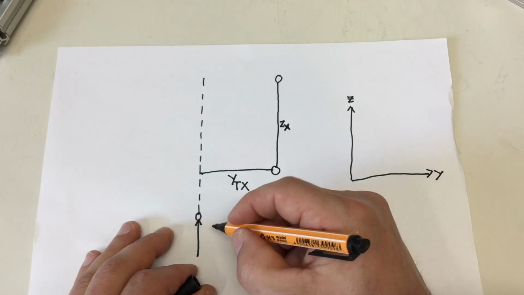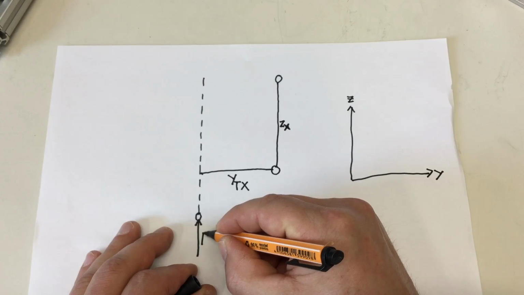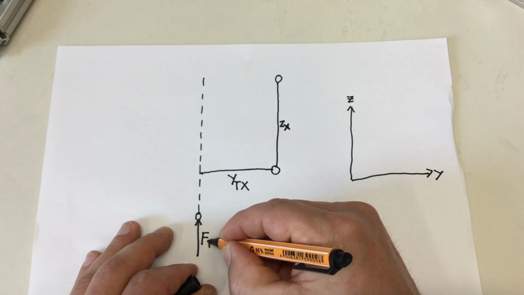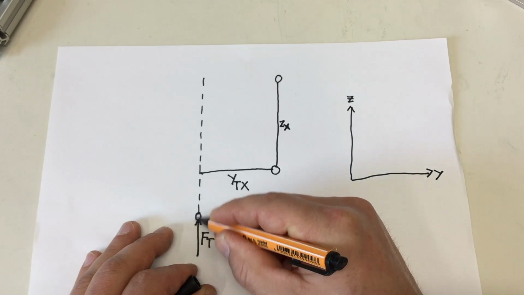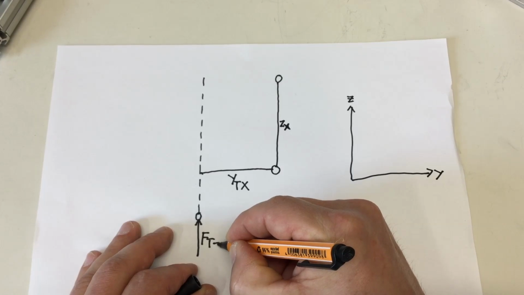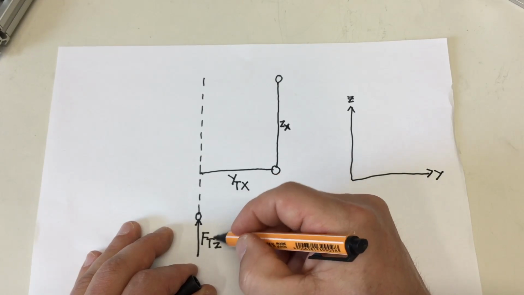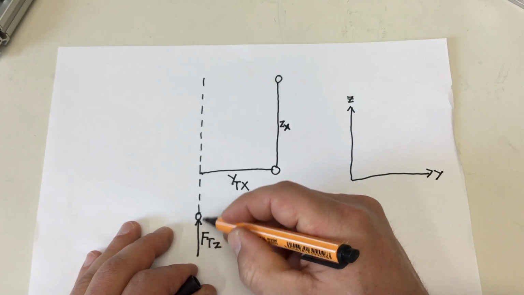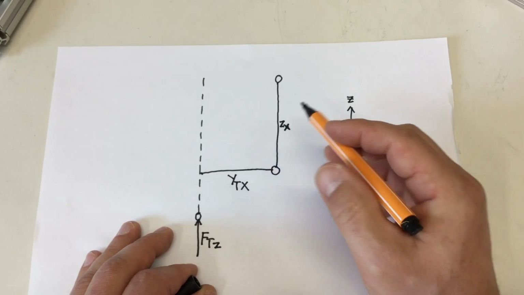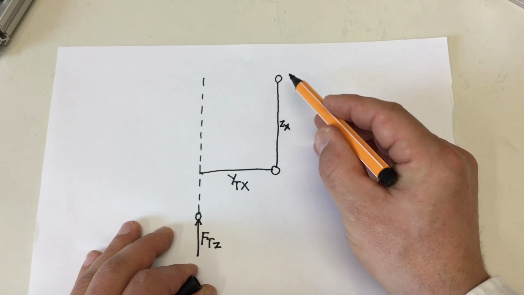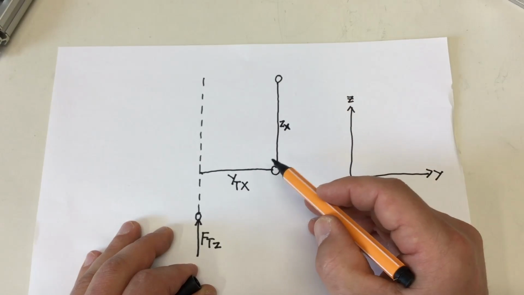Now I have a given force on the tool on the Z-axis. F is for force, T is for tool, Z is for Z-axis. Now I want to know what forces will be exerted on my bearings.